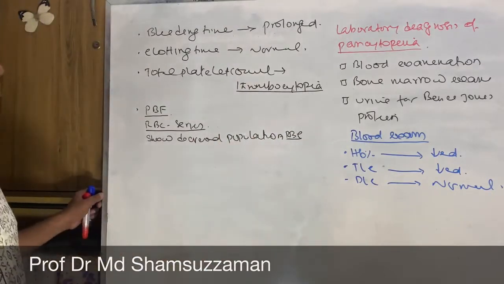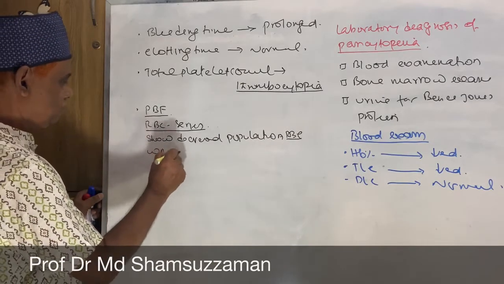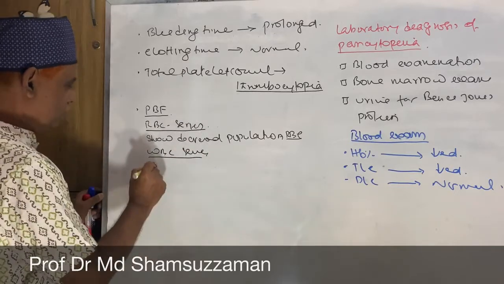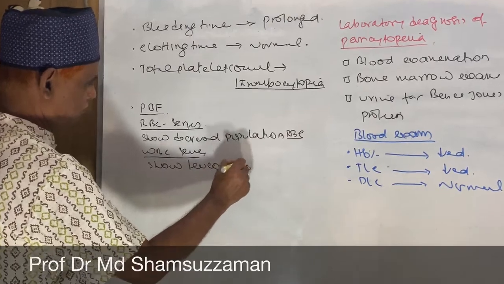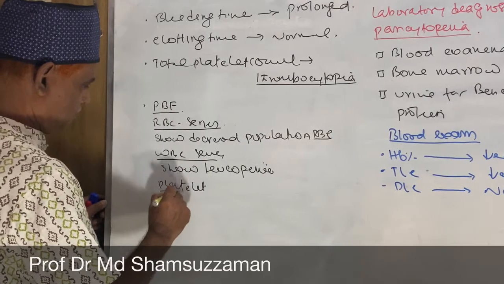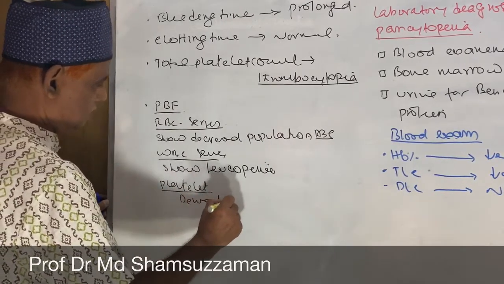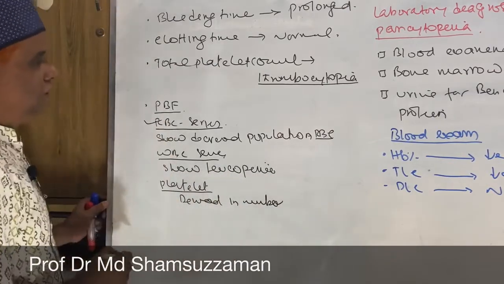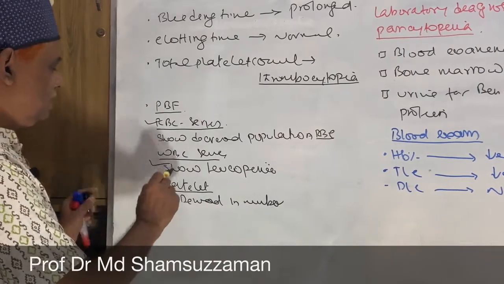Then WBC series, what are the findings? Show leukopenia. And platelet is decreased in number in the peripheral blood film. So RBC decreased population in peripheral blood film, WBC leukopenia, platelet decreased in number.